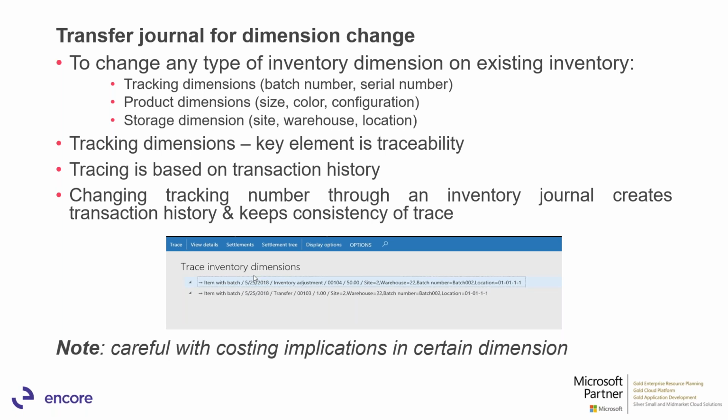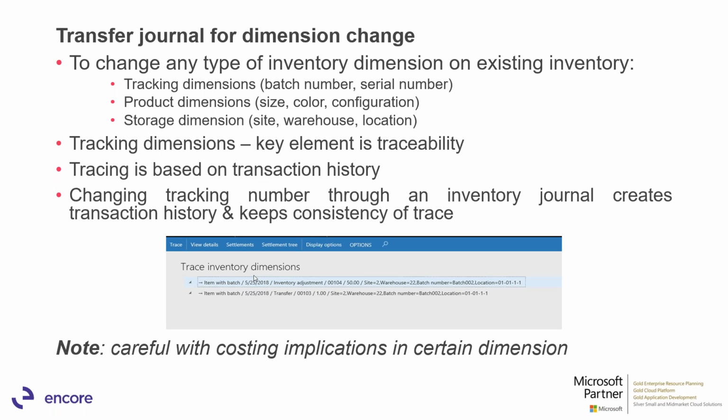So what will happen as a result of posting this transfer journal? Whether you're starting your trace with the wrong batch number or the new right batch number, this transfer transaction will create the link between the two and will display both of them. You are seeing an example on the screen where there is an inventory dimension change through an inventory transfer.